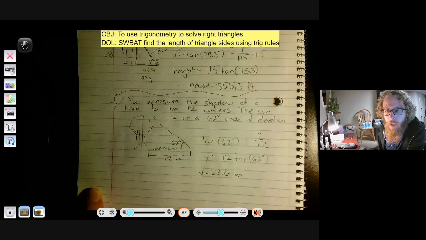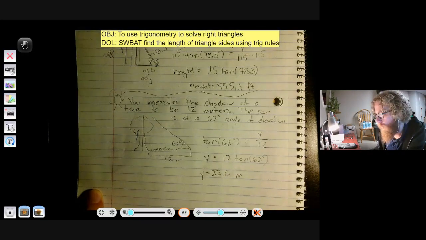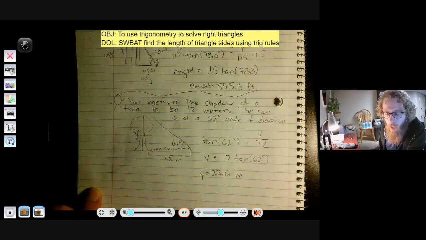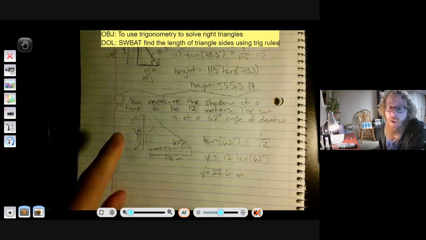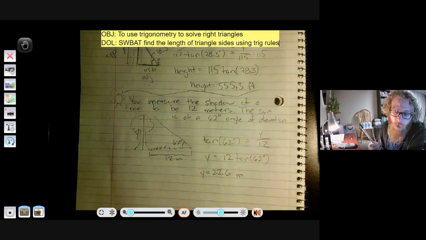Now, way back when, before all of these math rules were here and before we had precalculus and calculus, I forget his name, but somebody in Egypt used this method to calculate the diameter of the Earth.